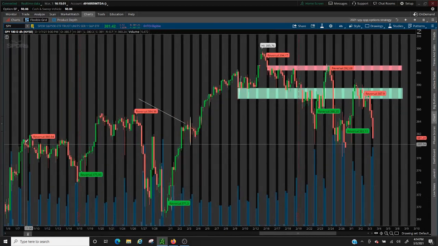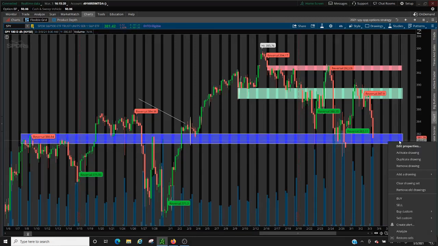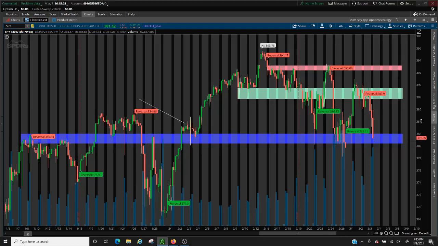Okay, so you see how the price came up and it would not break, came up, would not break, came up, not break, and went down. So I'm going to draw my box to include all of those in there. Okay, so I'm going to leave that one blue to explain something to you.